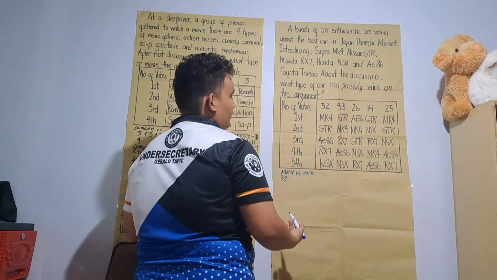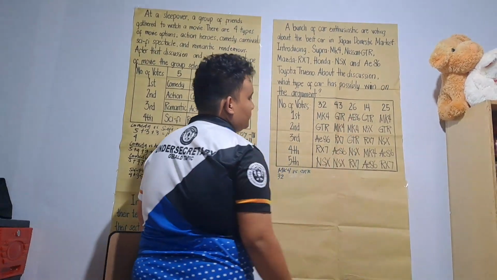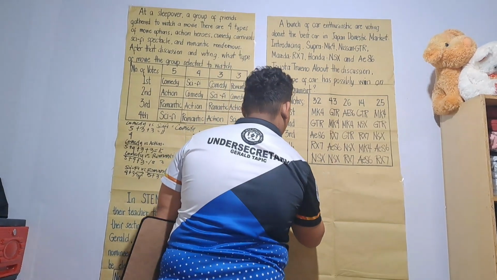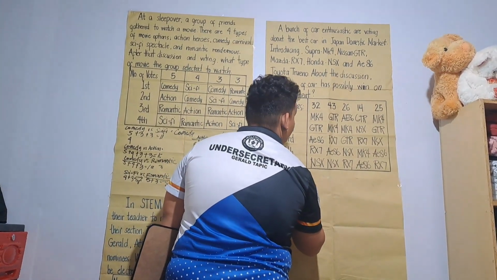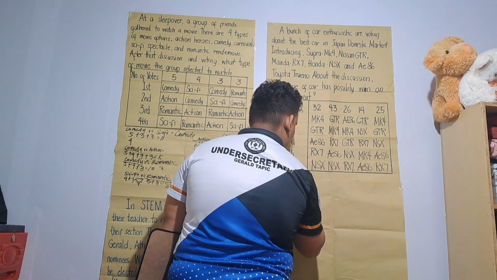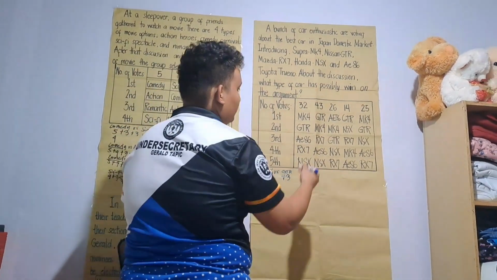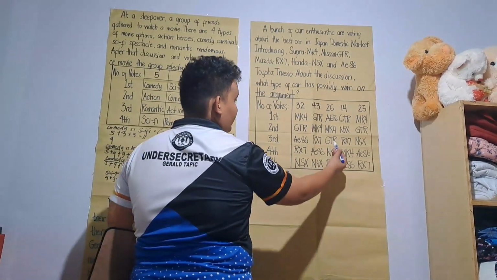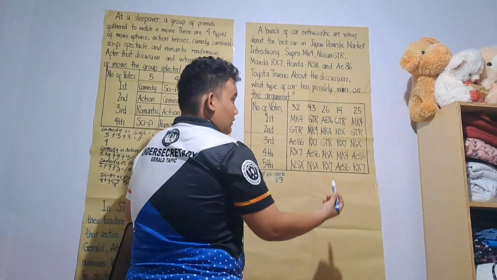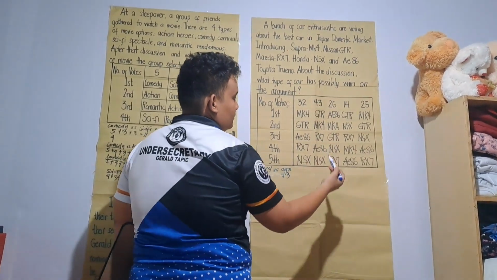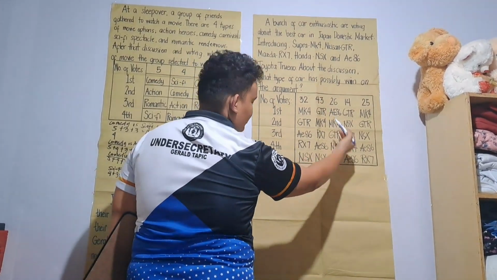Then in the second column, 43 voters vote GTR as their best car. So 43 go to GTR. Then in the third column, MK4 is first than GTR.